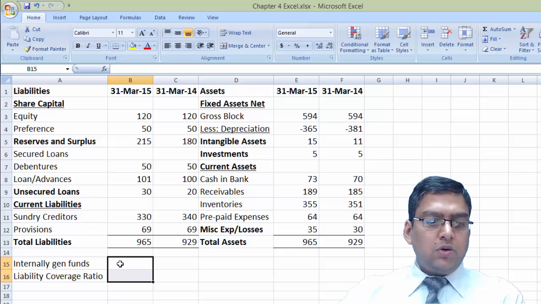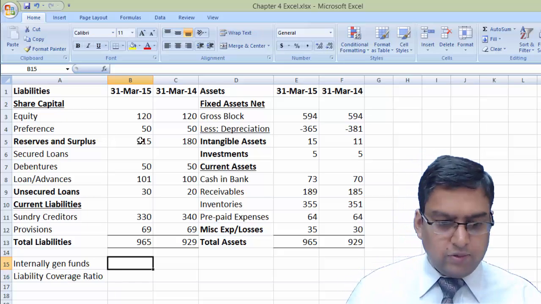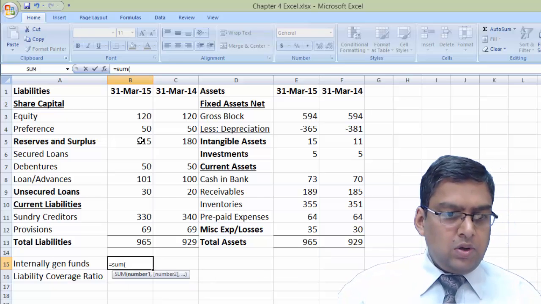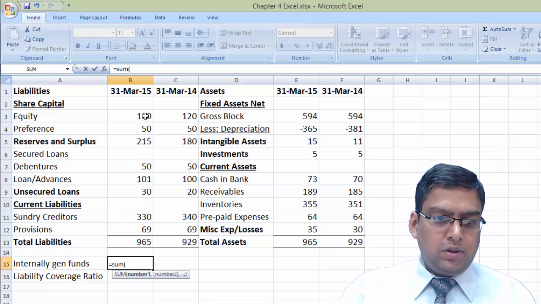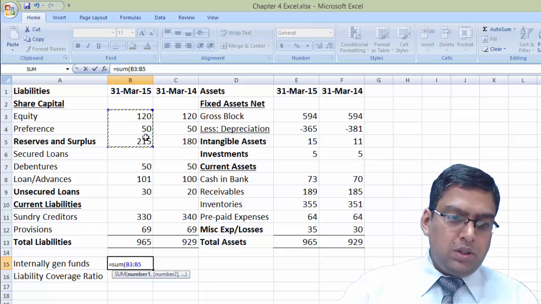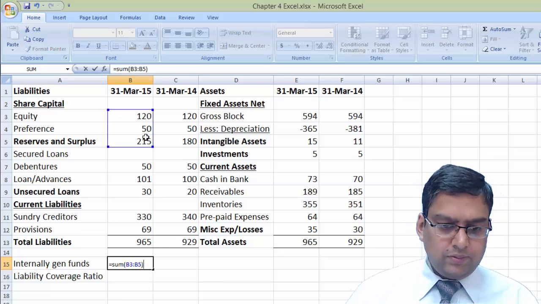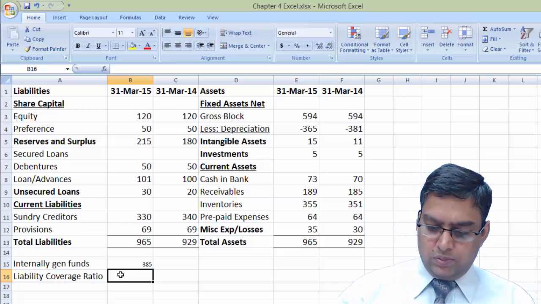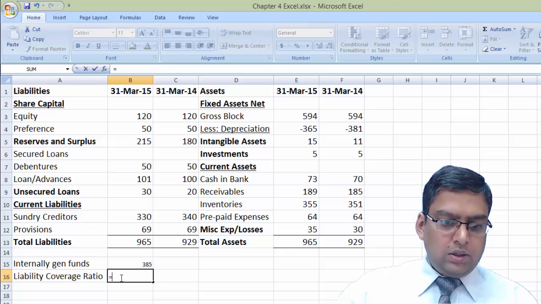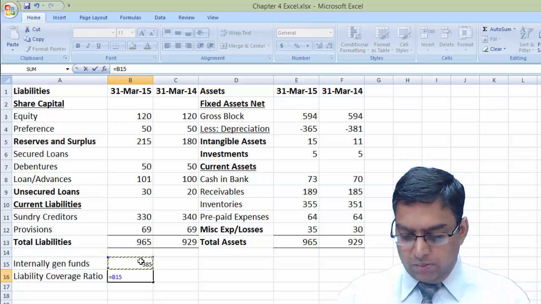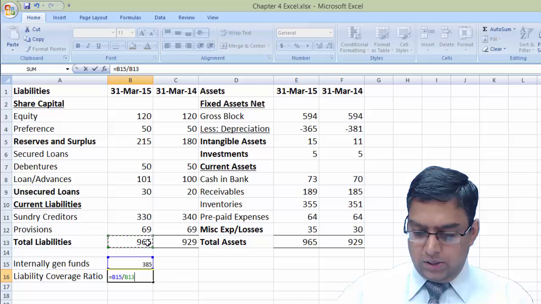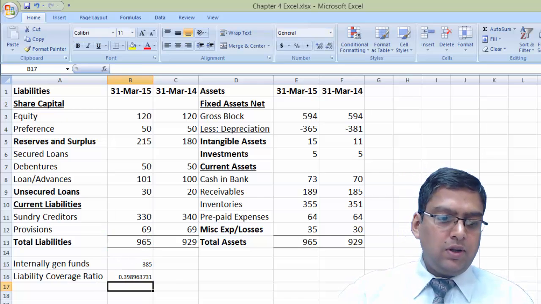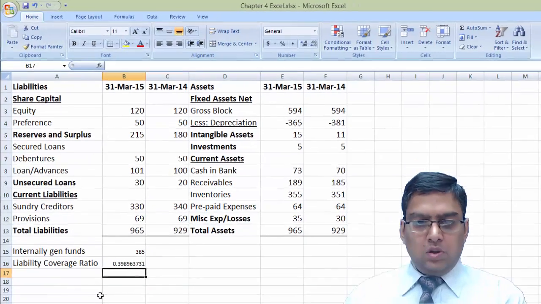Internally generated funds equal the sum of equity, preference and reserve and surplus, that means B3 to B5. LCR equals internally generated funds divided by total liabilities. That is the output of our LCR ratio.